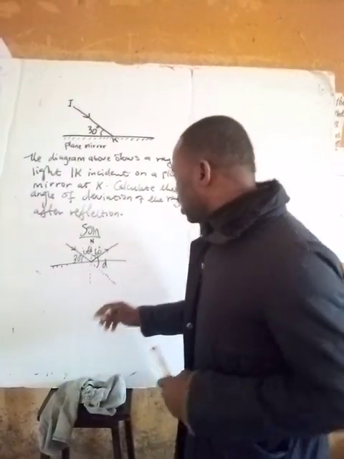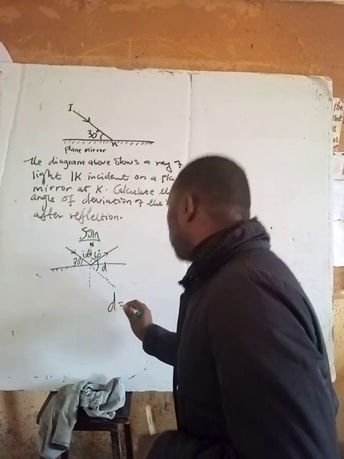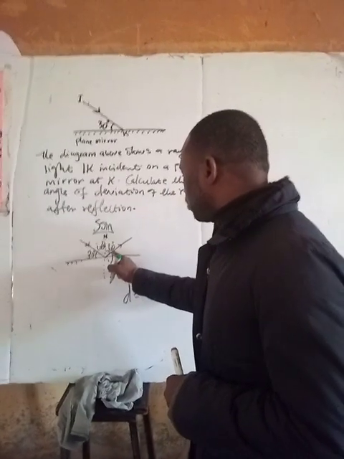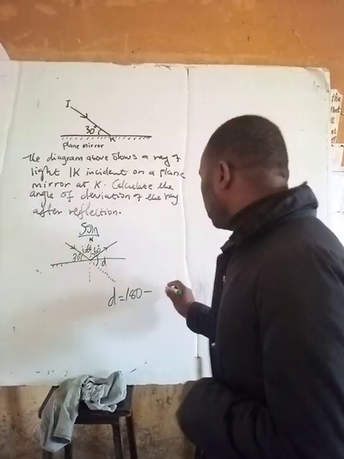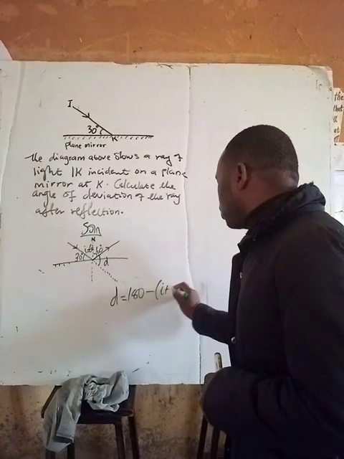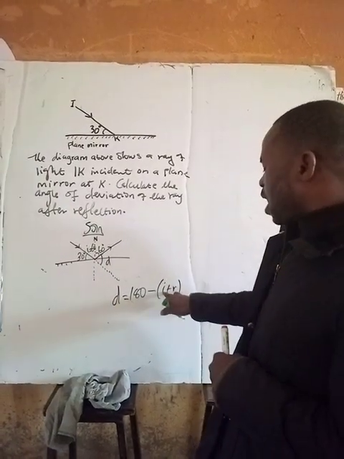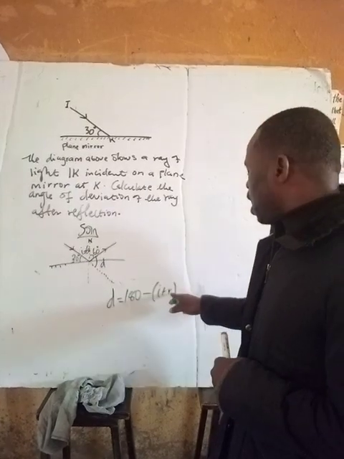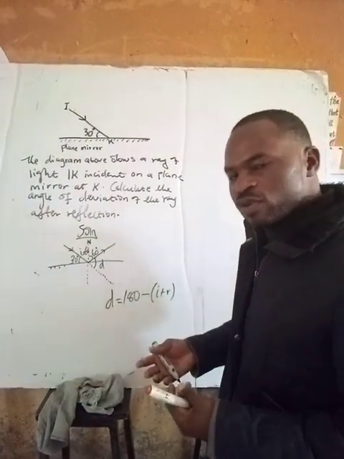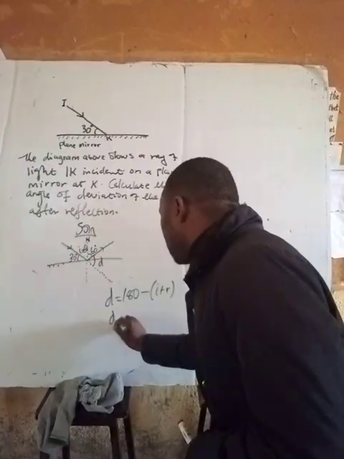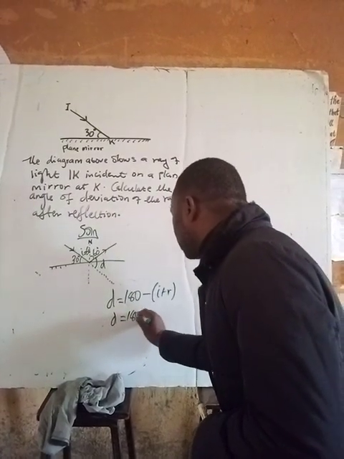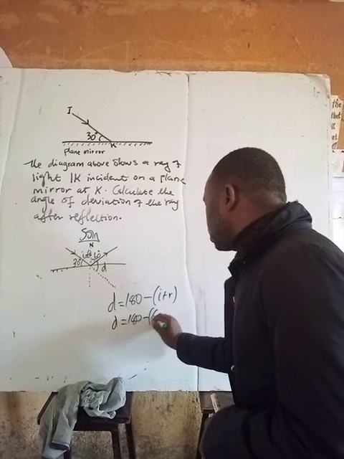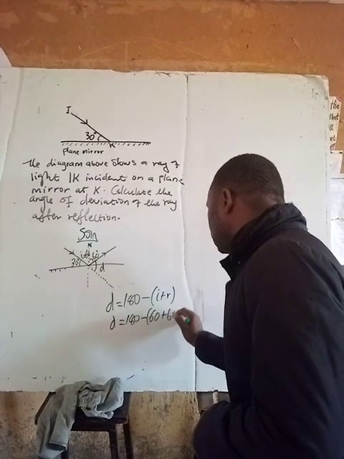So it means our angle of deviation D is equal to 180 minus (i plus r). And this i is the angle of incident, this r is the angle of reflection. So it means our D now is equal to 180 minus (60 plus 60).